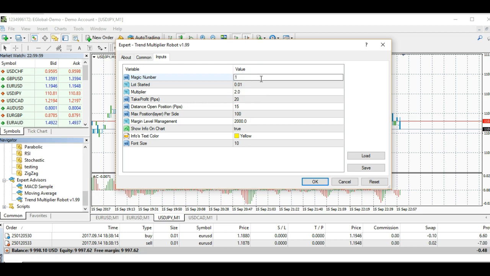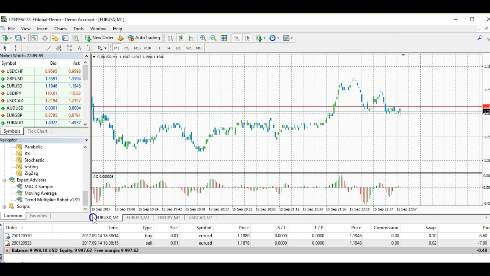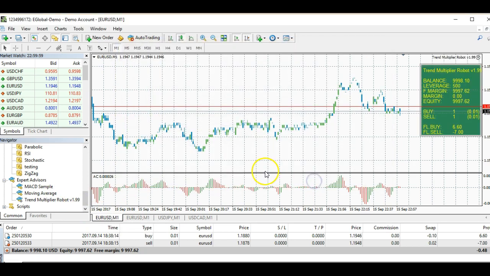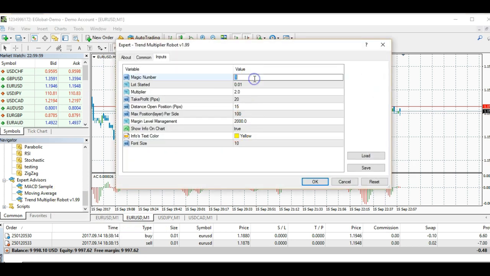So this is your magic number. The reason for the magic number is, let's say for example, you are using Euro USD, and this is your first settings. Then for your second settings, you want to use Euro US dollar but in different settings, so you have to choose maybe 2 or 3.